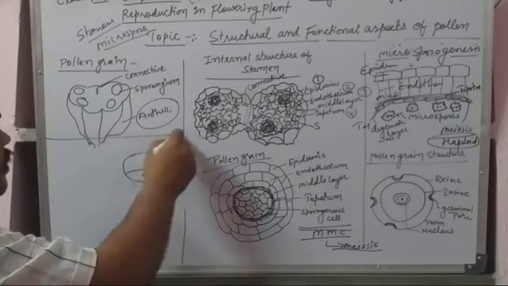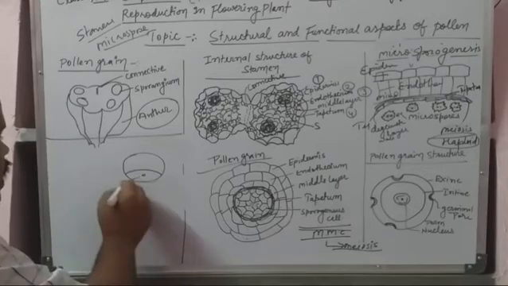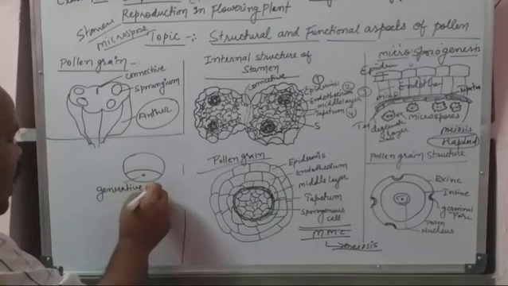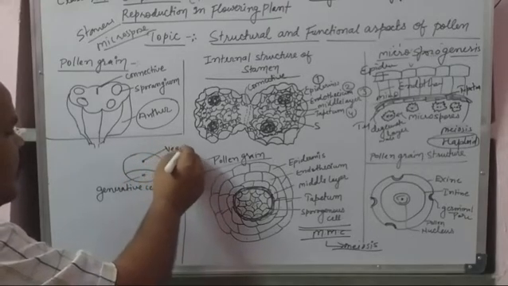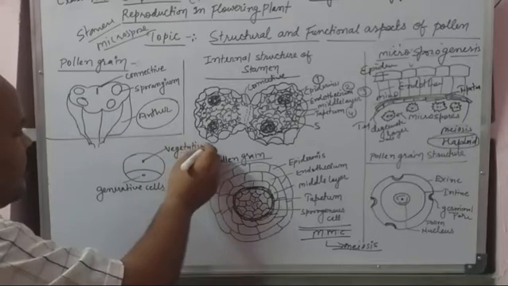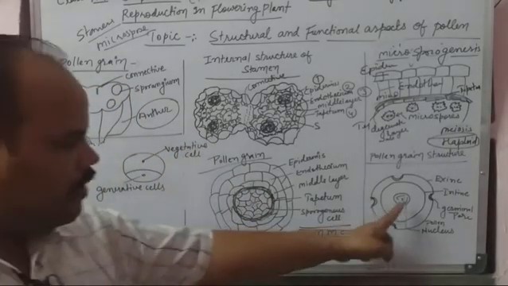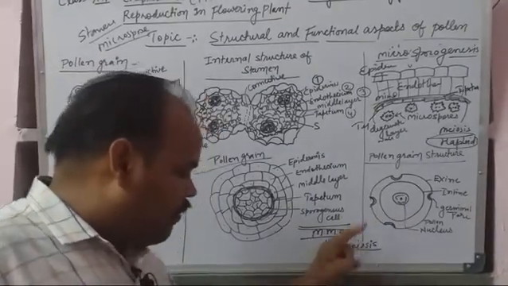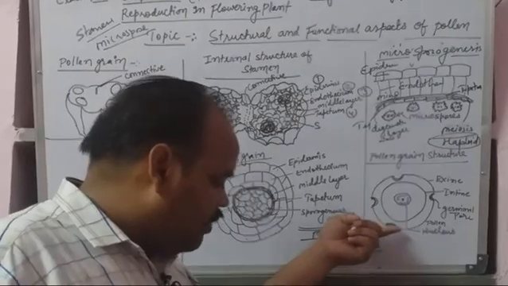First is the generative cell, and the second one is the vegetative cell.